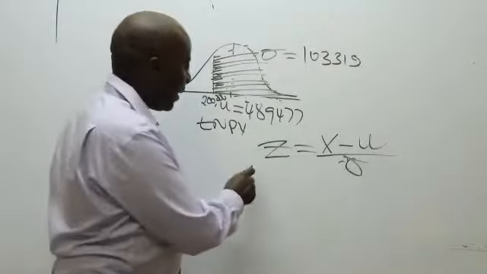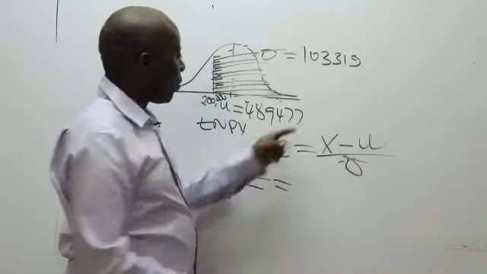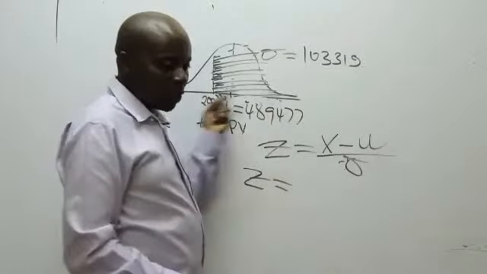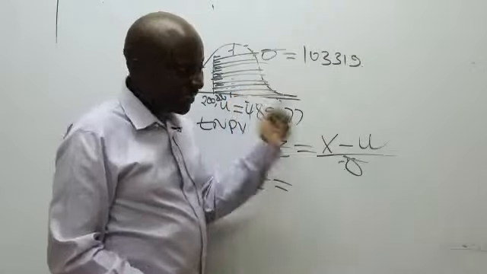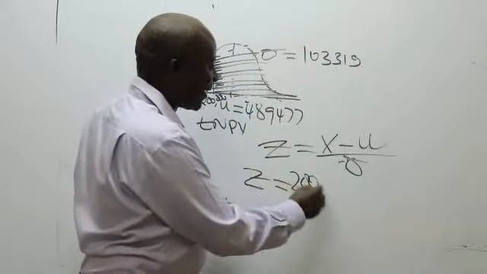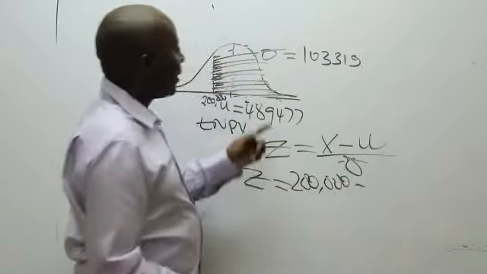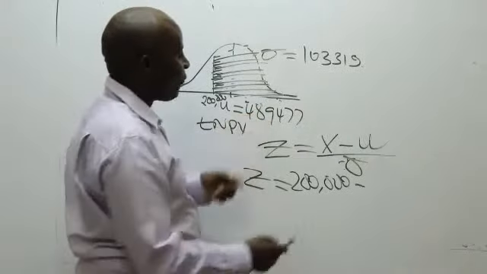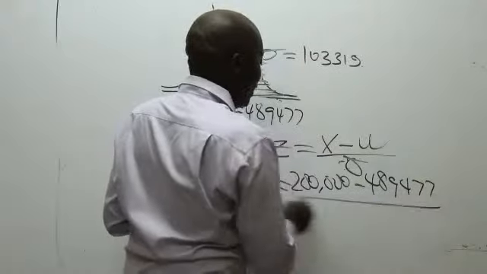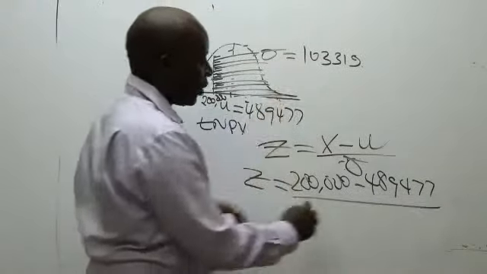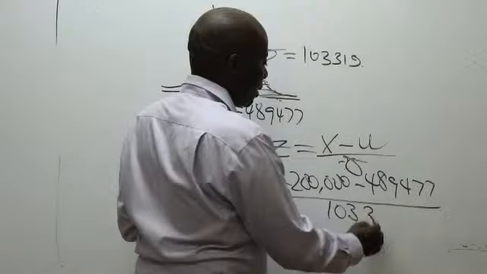So in this case here, my Z will be equal to, from your understanding, what will be the value of X here? 200,000 minus the mean. The mean is here, 489,477 divided by the standard deviation, which is 103,319.